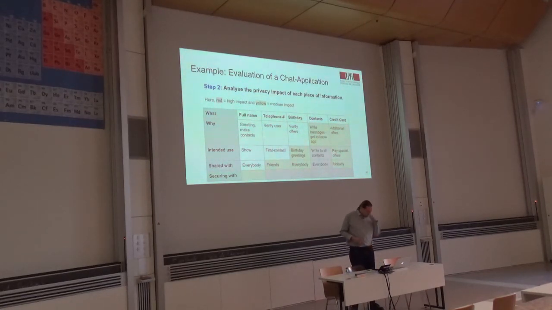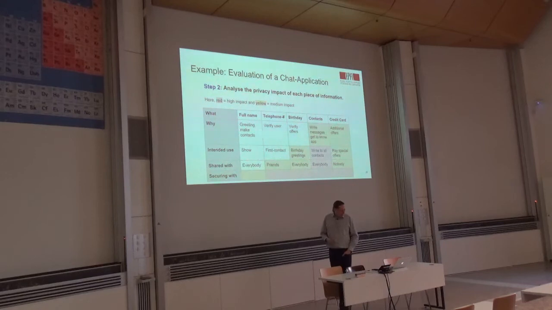But it's at least necessary to think about which of these pieces of information might be most sensitive, might be most harmful if they're leaked or used the wrong way.